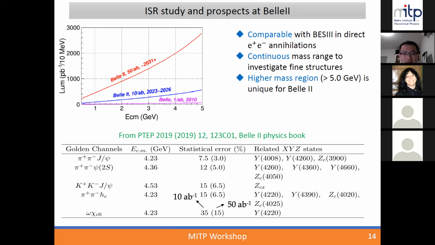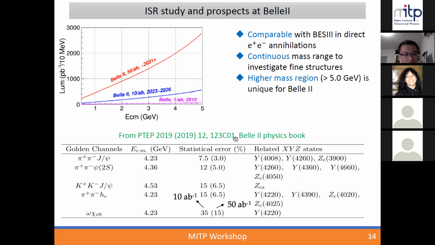And then we have the advantage in the continuum mass range to investigate the fine structures, and we have a unique advantage as well, because we can go to the higher mass region, for example, greater than 5.0 GeV, which Belle cannot reach.